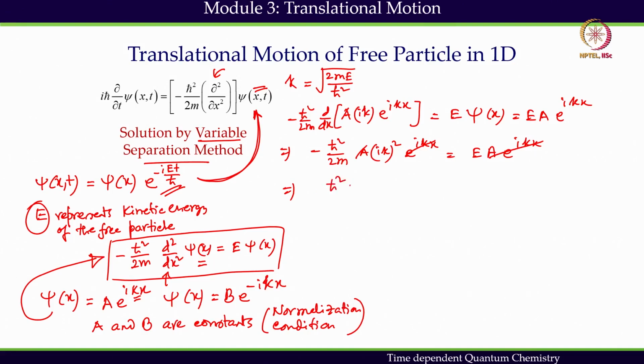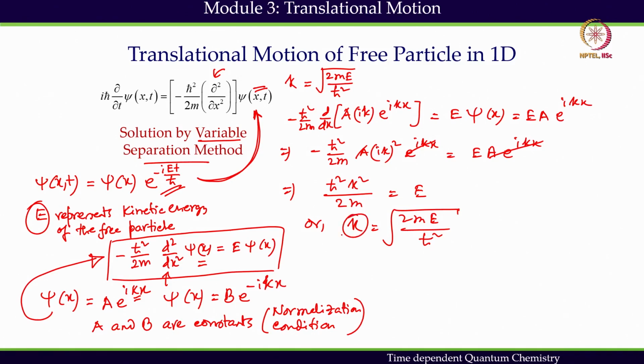h cut square k square by 2m equals E, or this k equals square root of 2mE by h cut square. So if I know the kinetic energy of the particle, if I know the mass of the particle, I will be able to get the k.